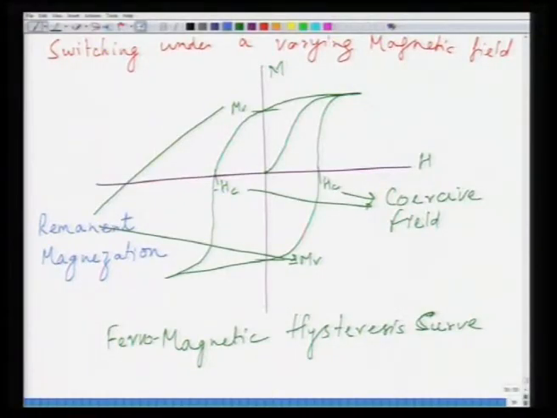Of course, we are talking here in terms of domains as well. We have not introduced how the domains in these materials form and how they switch. So, we will look at that in a little while as well. This is what is characteristic of a ferromagnetic material.